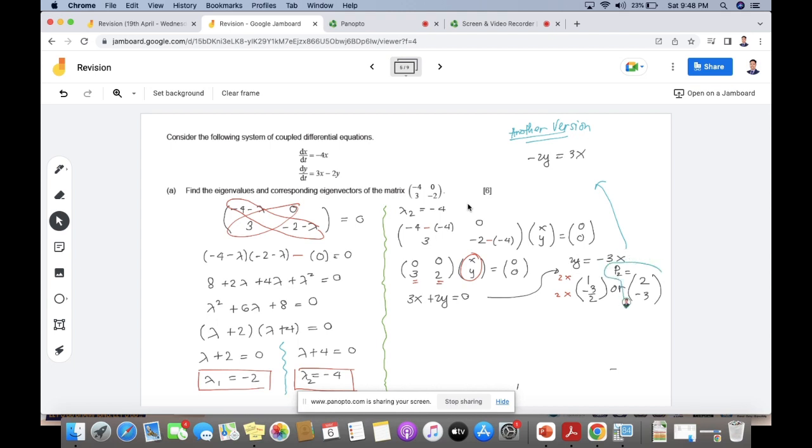All right. Now, if I use the other version, it would still be the same thing. If I assume x to be 1, so solving for y, this becomes negative 2y equal to 3, y is equal to... wait for a while.